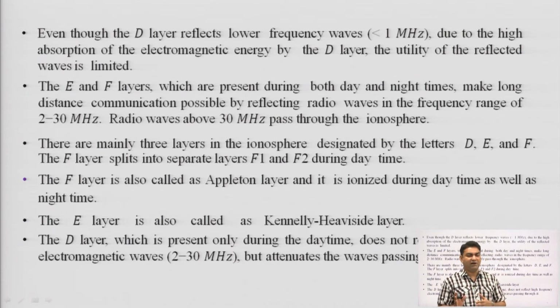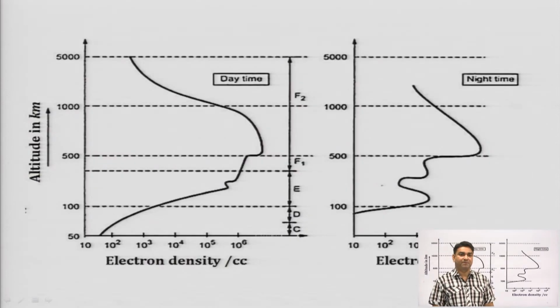So during night only two layers exist, E and F, but during daytime four layers exist: D, E, F1 and F2. The E layer is also called the Kennelly-Heaviside layer. The D layer, present only during the daytime, does not reflect high frequency electromagnetic waves of 2 to 30 megahertz, but attenuates the waves passing through it.